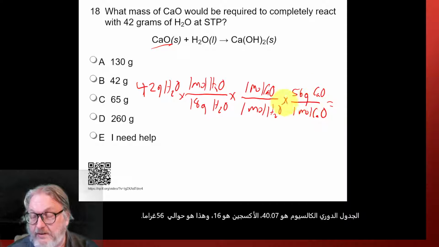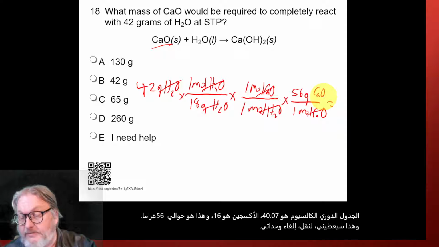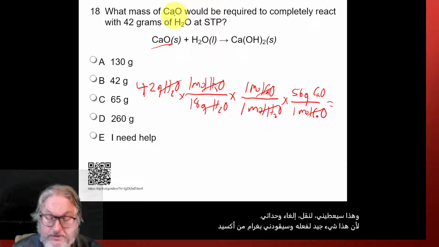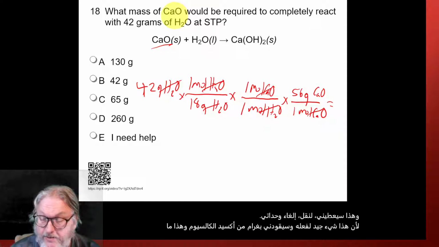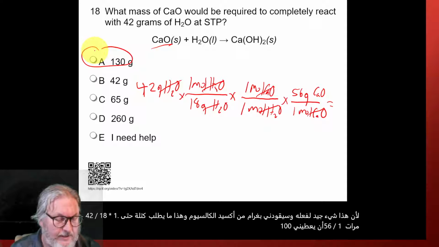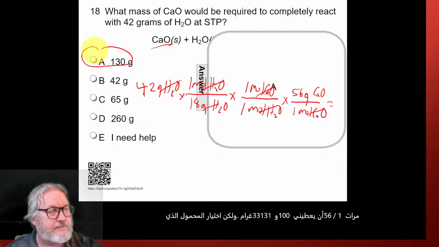I'll cancel out my units, because that's just a good thing to do, and it's going to leave me with grams of calcium oxide, and that's what it's asking, mass. So 42 divided by 18 times 1 times 1 divided by 1 times 56 divided by 1. That gives me 130, really 131 grams, but multiple choice, that has to be A. And of course, we already saw that's what it is.